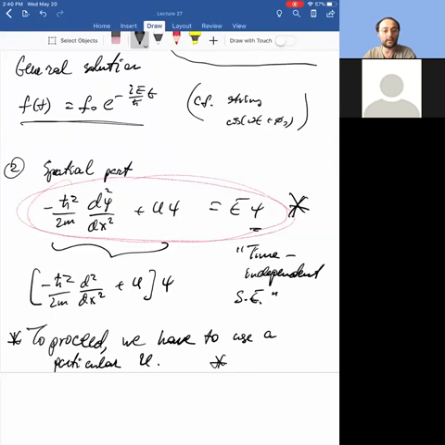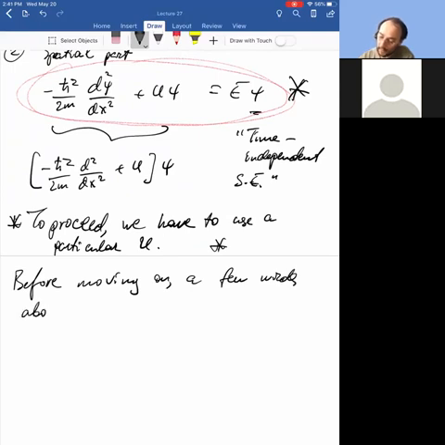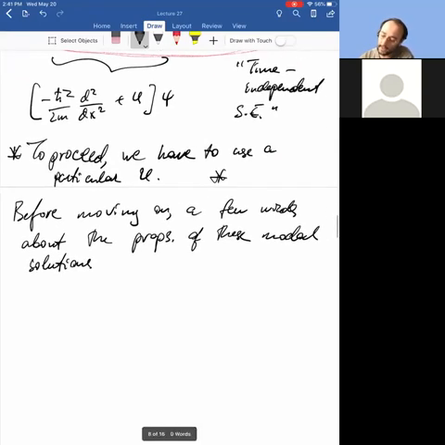Before moving on to specific U, a few words must be mentioned about the properties of these modal solutions.